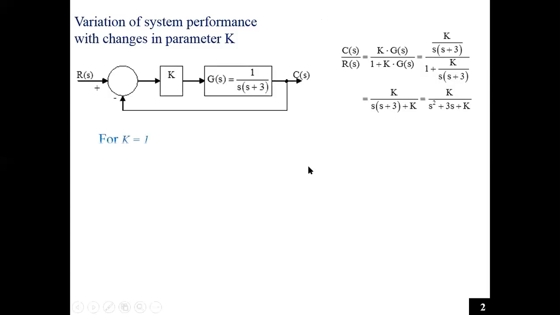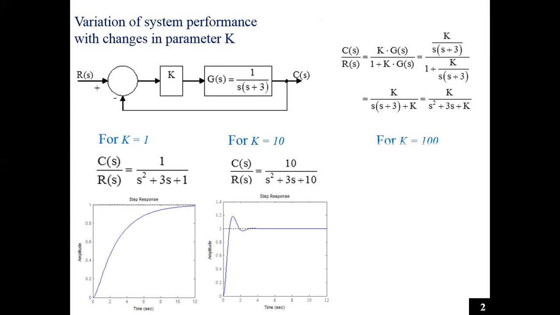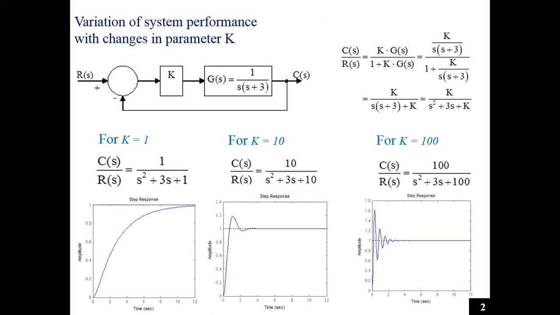So if we change the value of K from 1, and then take a second value 10 and a third value 100, we see that for K equal to 1, the nature of response is overdamped. The transient response is very slow. If we increase the gain K and make it 10, we get the underdamped response.